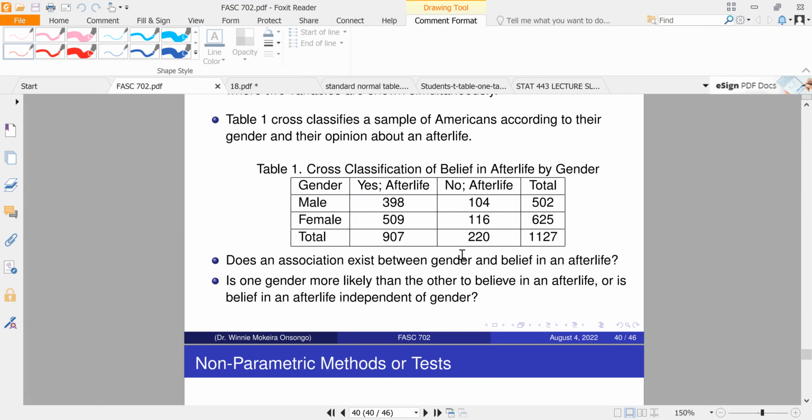So this is the condition. It can only be used in independent samples, the Wilcoxon rank sum test. And you need to have two populations, because the two populations is what qualifies for this Wilcoxon rank sum.